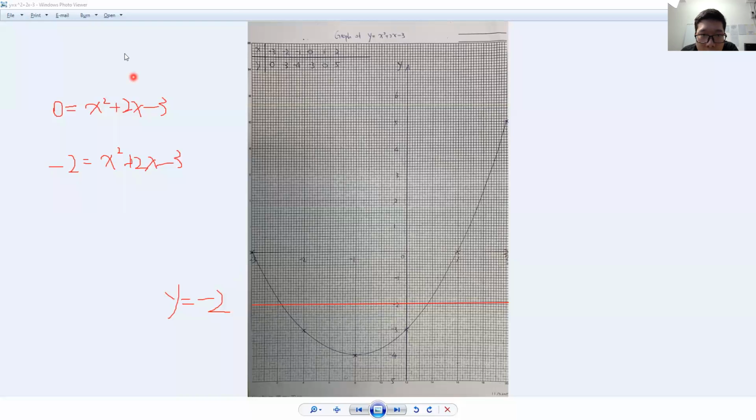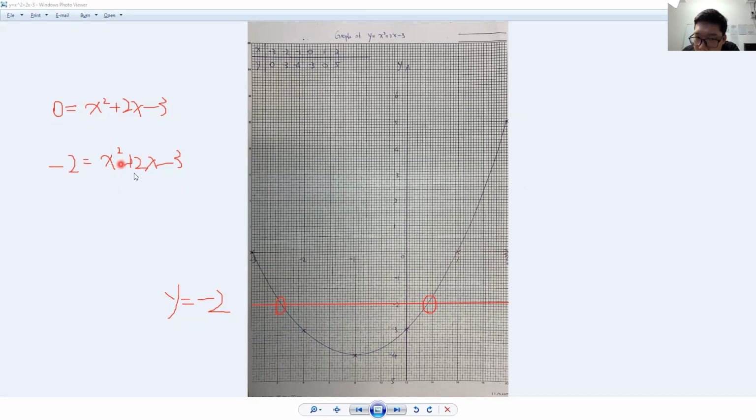So you see, what happens for these 2 points? The intersection points of the y equals negative 2 red straight line and our curve. Can I say that the red straight line is representing the left hand side of this new equation, and the right hand side is the curve?